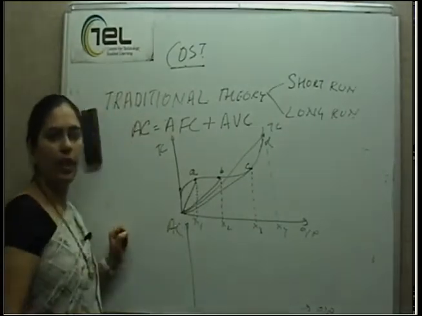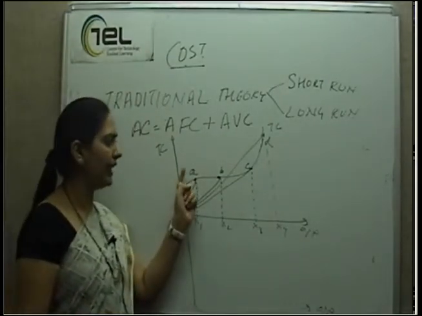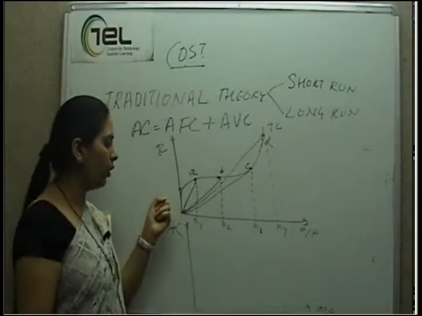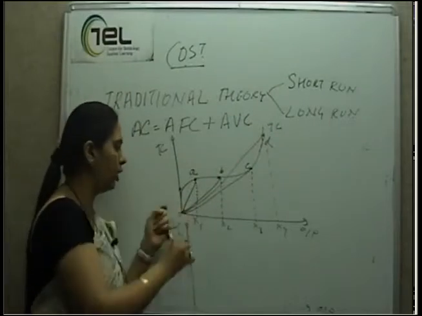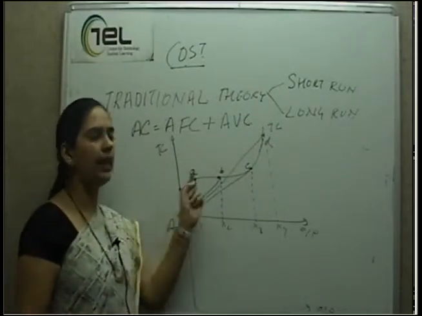Now, in this we have taken 4 points A, B, C and D. We have drawn one line joining from origin to A, to B, C and hence D.